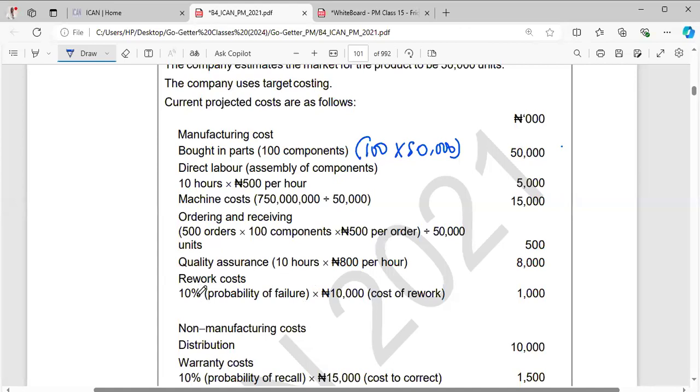So the ones that have a probability of failing is 10%. It is that 10% that you are going to rework at a cost of 1,000 naira per rework. So the probability of failing is 10%.